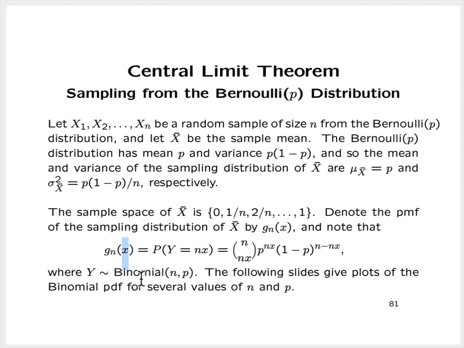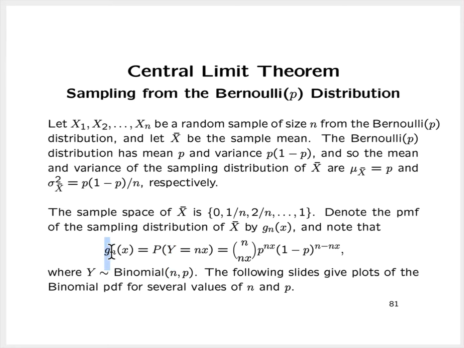And note that x bar is equal to x if and only if the sum of the x's is equal to n times x. And I'm letting y denote the numerator of the sample mean, the sum of the x's.